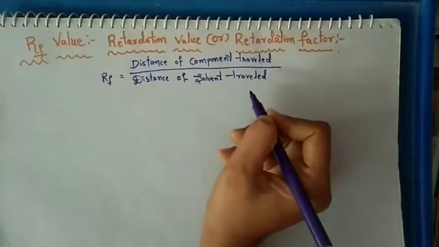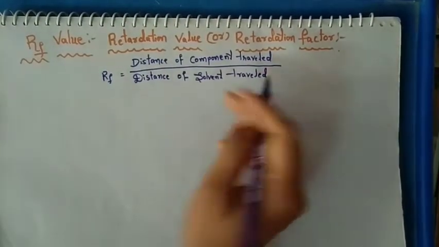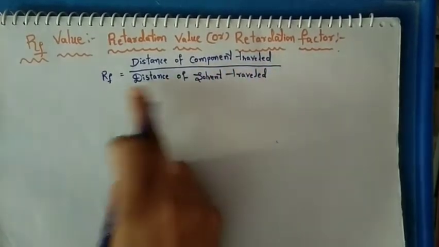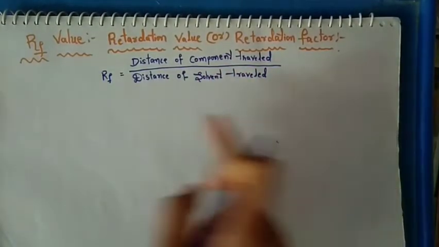So you can easily understand, the ratio of distance of component travelled by distance of solvent travelled is what we call the RF value.